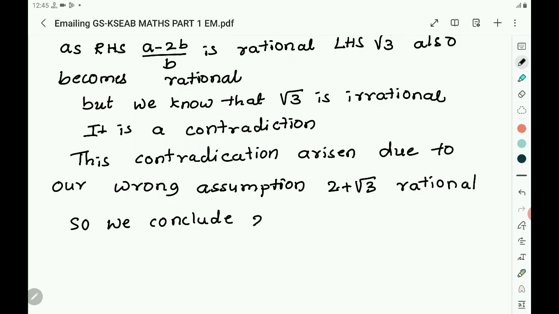So we conclude 2 plus root 3 is irrational.